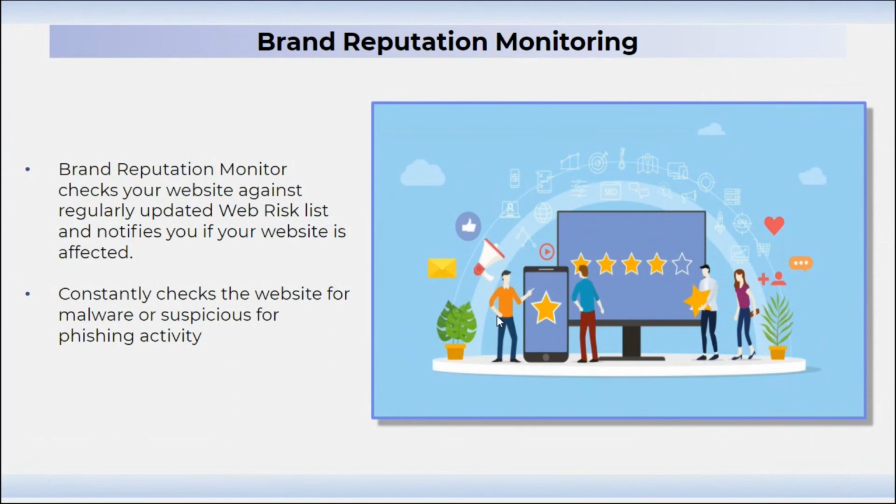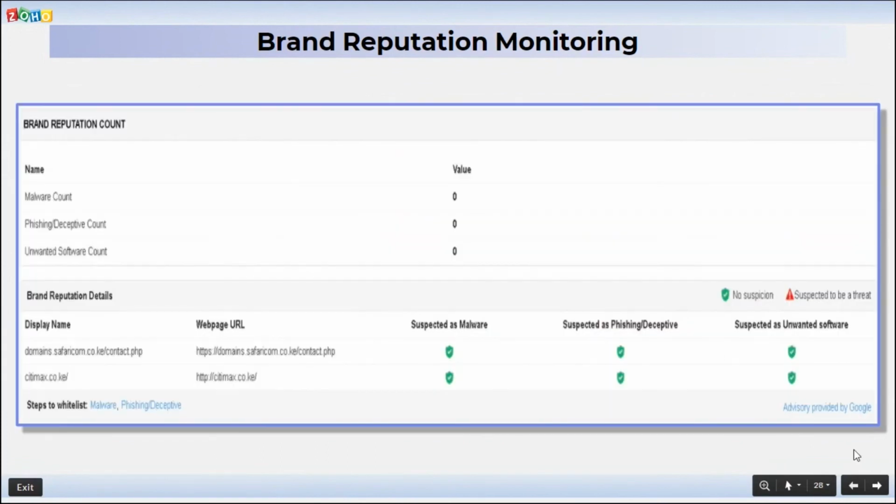It also detects links such as phishing links or malware links or any sort of unauthorized or insecure links that are probably trying to access your website in attempts to cause downtime or any other sort of damage. So that is what the brand reputation monitor is designed to do.